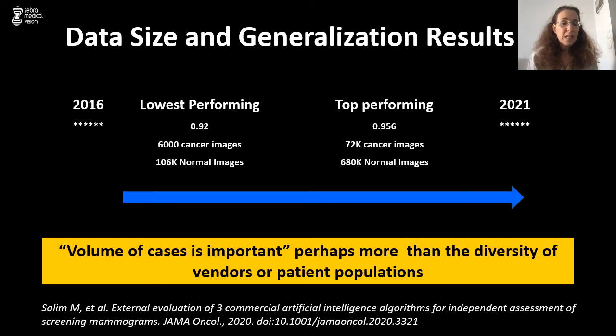So you can see here that the lowest performing approaches were trained on 6,000 cancer images and 106K normal images, whereas the top performing approaches were trained on 72K cancer images with 680K normal images.